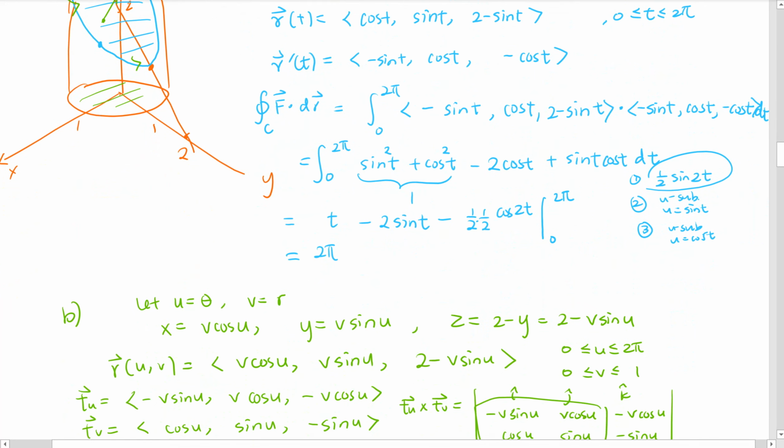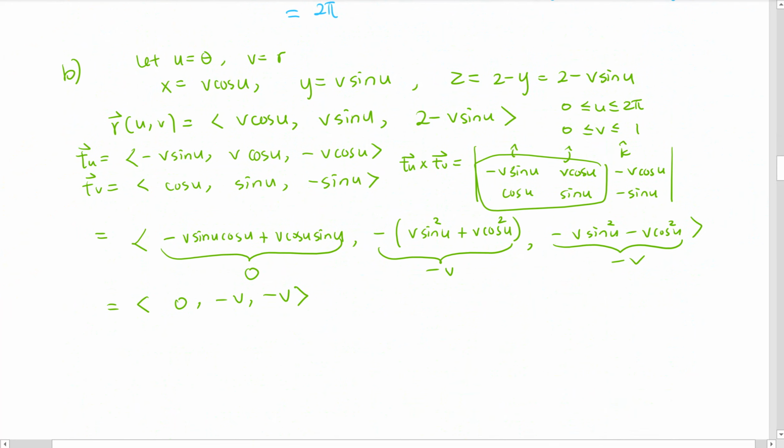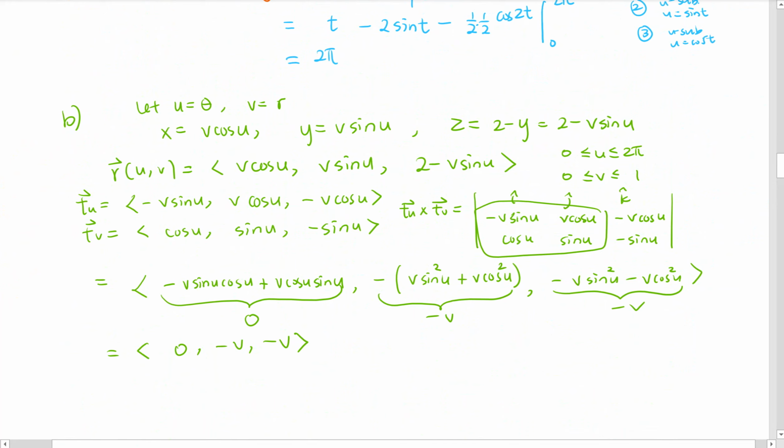However, this normal vector is pointing down. So it's not quite consistent with our orientation, right? How can we fix it? One way is to switch u and v.